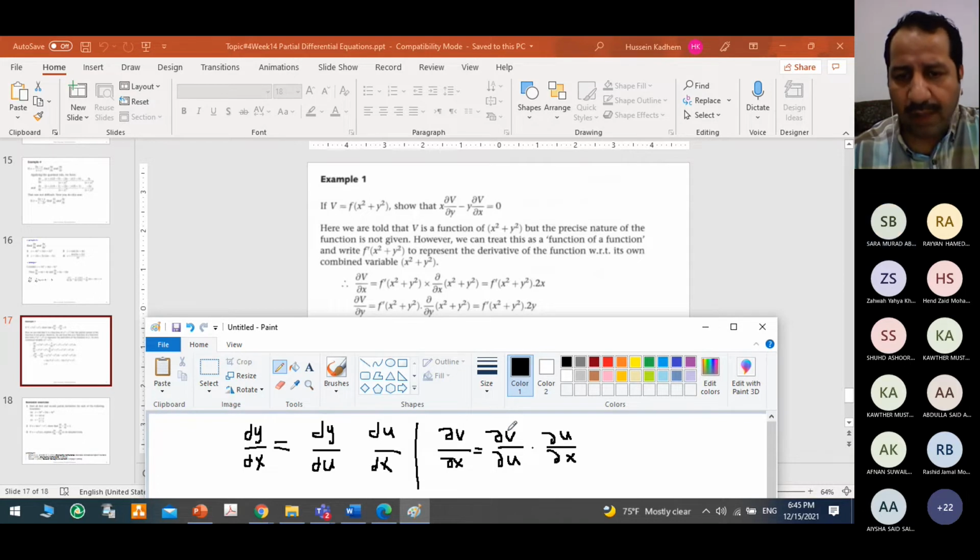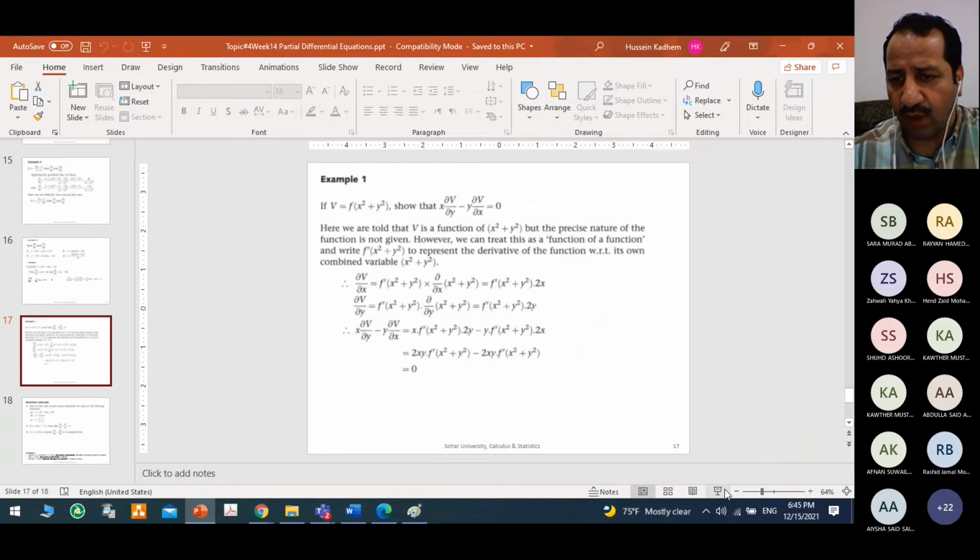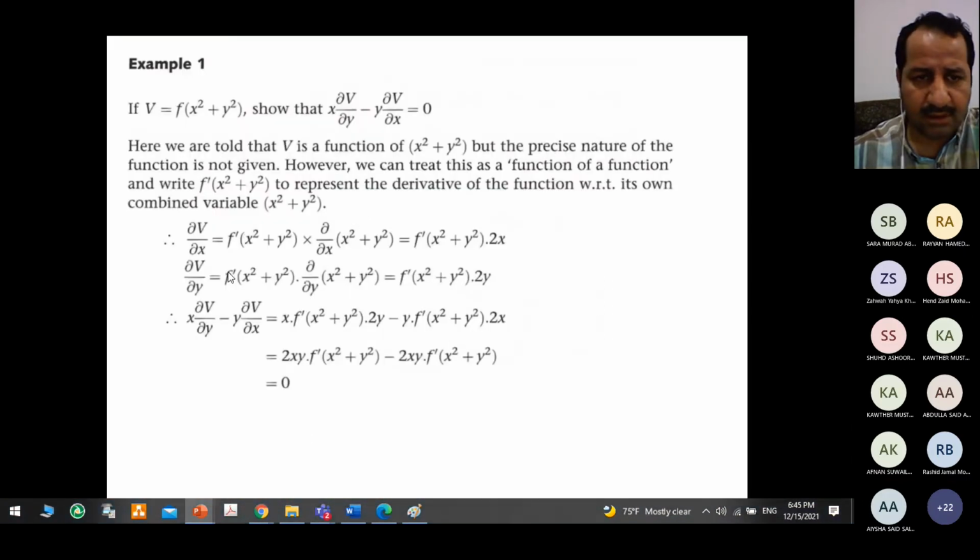Partial v over partial u is f dash of u, which is x squared plus y squared. Now, if I differentiate u, which is x squared plus y squared, with respect to x only, it becomes 2x. The same thing for y: we differentiate with respect to y, it becomes 2y.